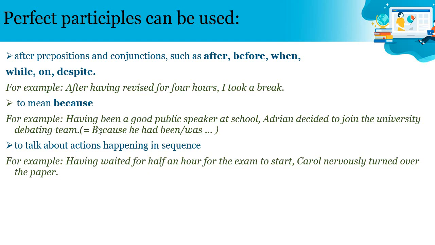For example, having been a good public speaker at school, Adrian decided to join the university debating team. Perfect participles are also used to talk about actions happening in sequence. For example, having waited for half an hour for the exam to start, Carol nervously turned over the paper.